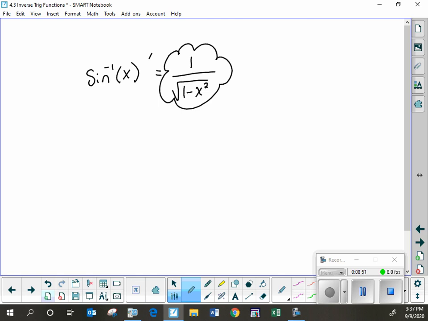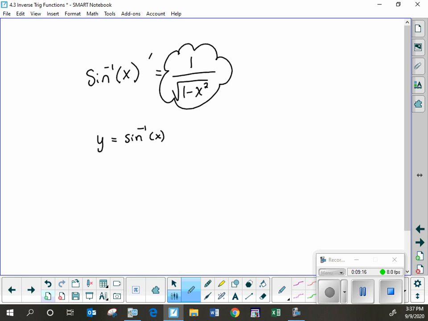So let's start with the equation. Where should we start? y equals sine inverse of x. Let's start with that and then take its derivative. But before I get things rolling, if I knew its derivative, I could just take it. So I can't really just say, take its derivative.